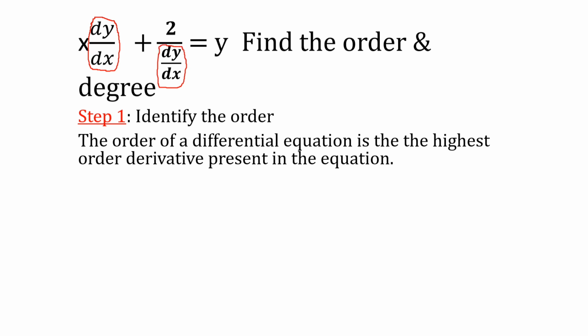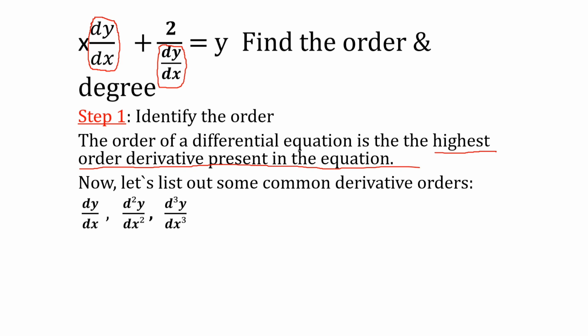Now we said from step one that the order of a differential equation is the highest order derivative present in the equation. From this equation we have two derivatives. Let's look at this one first.